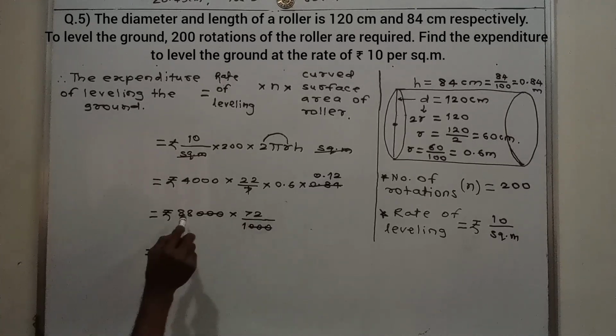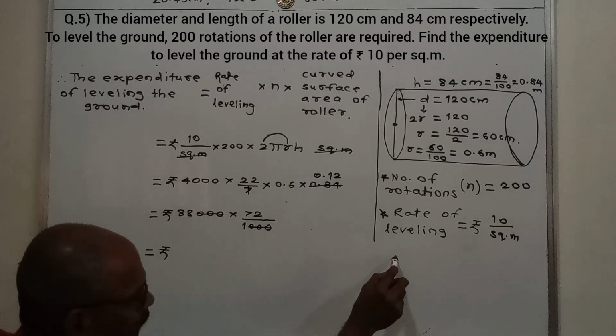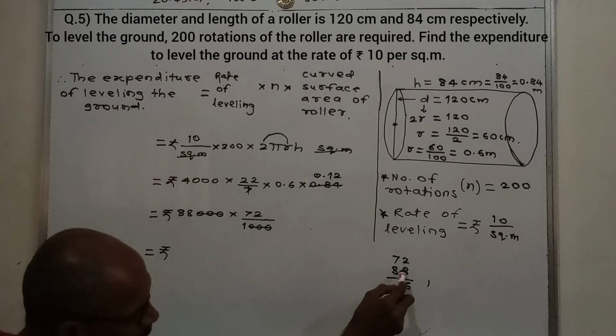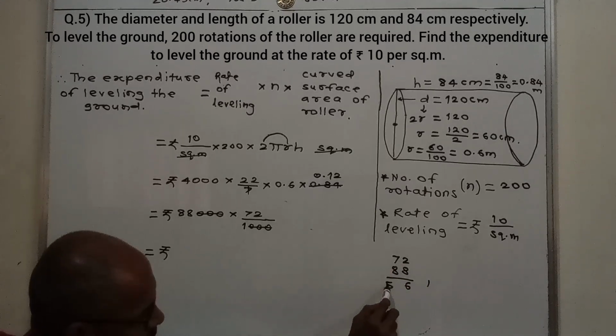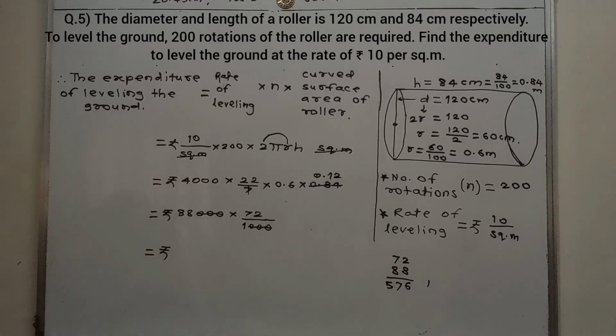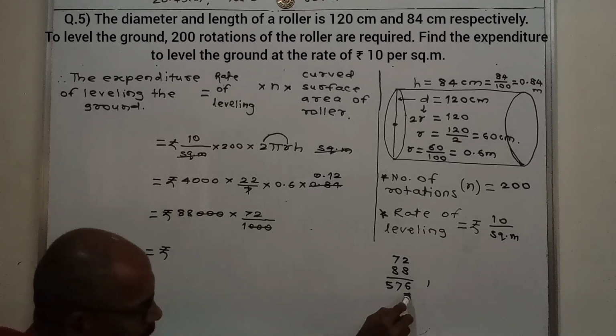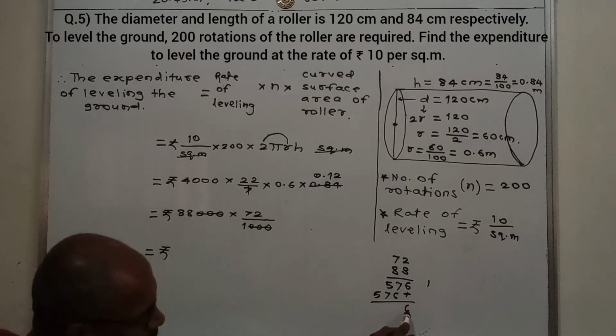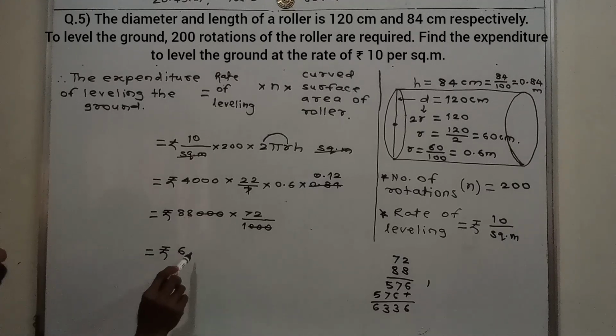Therefore, product of these two, see here, 72 into 88. 8 2s are 16, 8 7s are 56 and 1, okay. Then same way 6 7s are 42, 6 8s are 48, so 6,336 rupees.